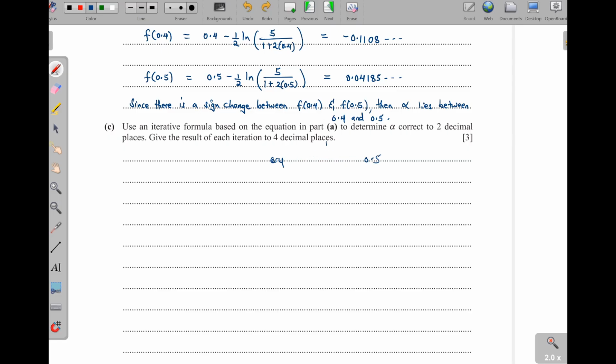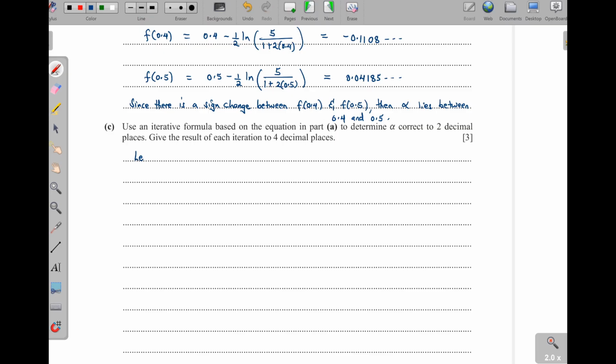So it is advisable that you look for the mid value here, and then you begin from there. Okay, you can start from 0.4 as your initial approximation. You can start from 0.5 or any value that is in between here.